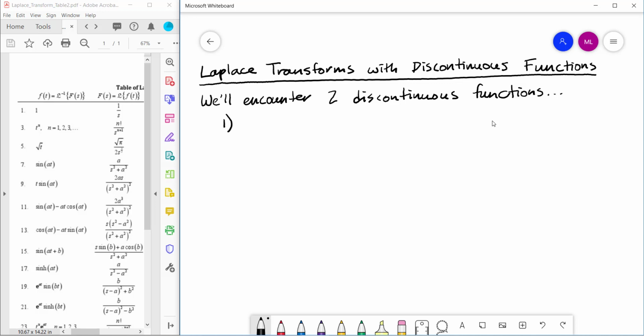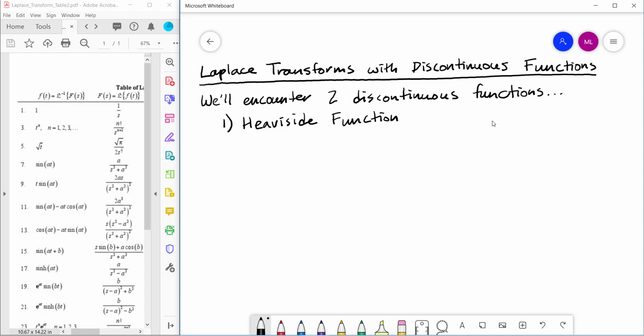Okay, so the first one is called the Heaviside function. And the Heaviside function is basically like an on-off switch. The notation that we'll use for this is either going to be a lowercase u or a capital U. Different books use different things.